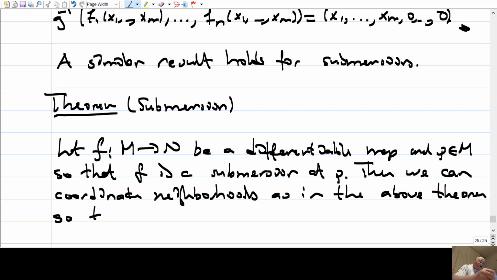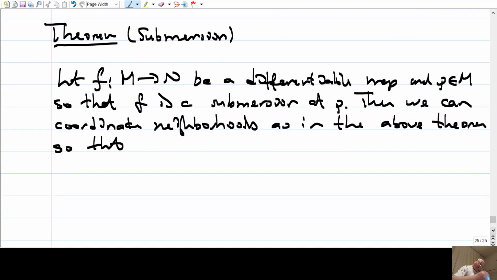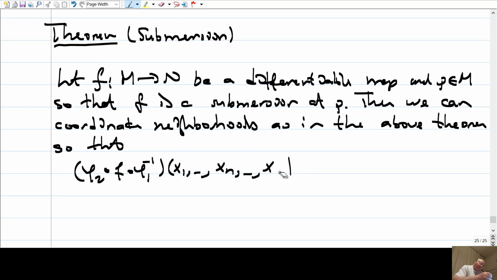So that phi2 composition f, phi1 inverse of (x1 up to xm). This time m is larger because it's a submersion, and this is given as follows.